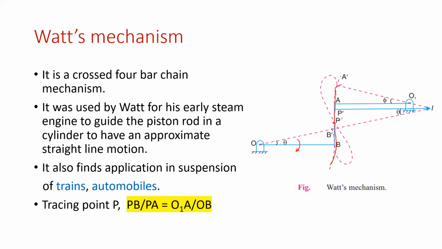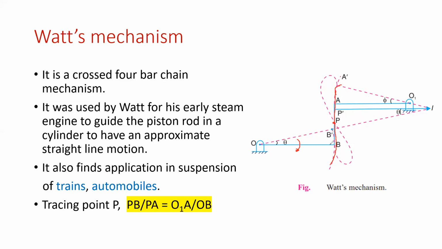If you focus on the motion of point P, during a particular angular oscillation of link OB, in what path will point P travel? You can see it. I will show you the video where you will have a clear idea. So how will the motion take place?